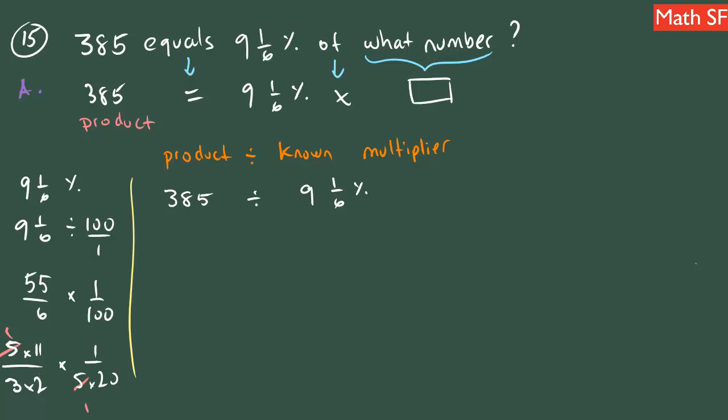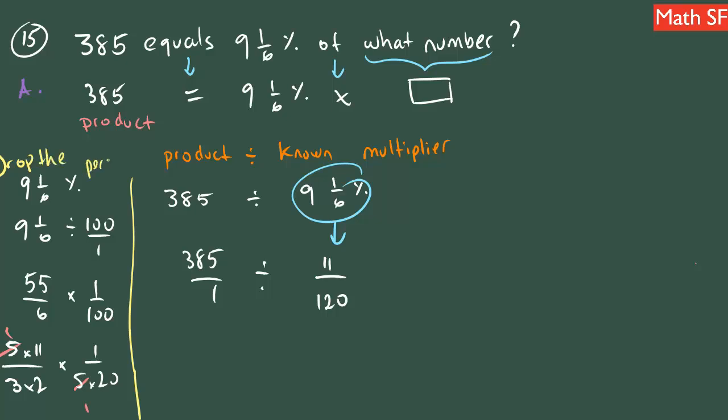So all of this part here is going to be 11 over 120. So 385 over 1 divided by that. This part was to drop the percent. So let's change this division into a multiplication statement.